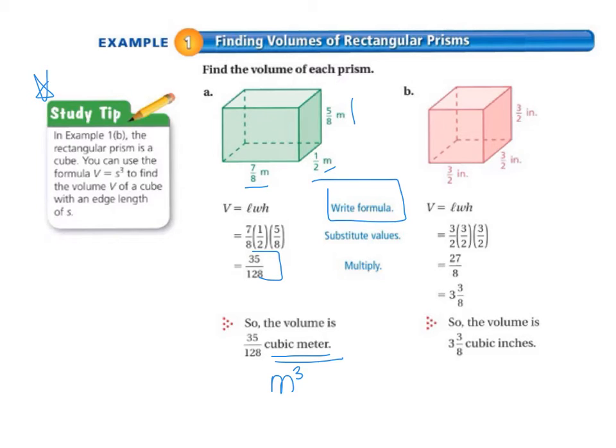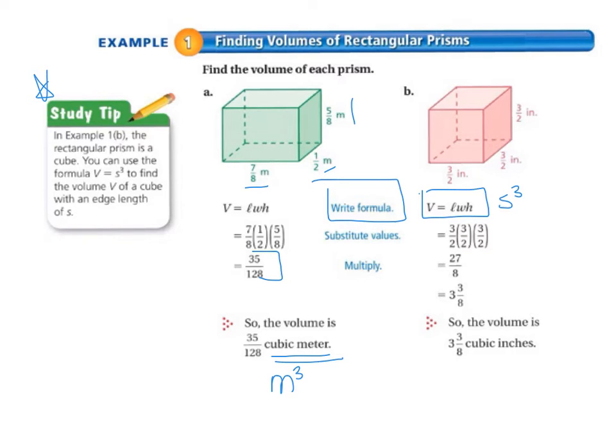You can use the formula volume equals s cubed to find the volume of a cube with an edge length of s. So that just means you can multiply it by itself 3 times. So another way to write the volume of a cube, instead of saying volume equals length times width times height, since they're all the same thing in a cube, you can write s cubed. It's the same thing because they're all the same number.